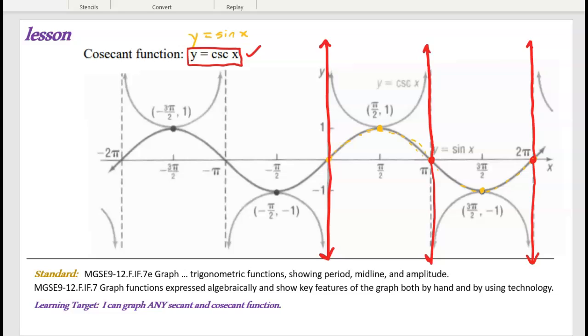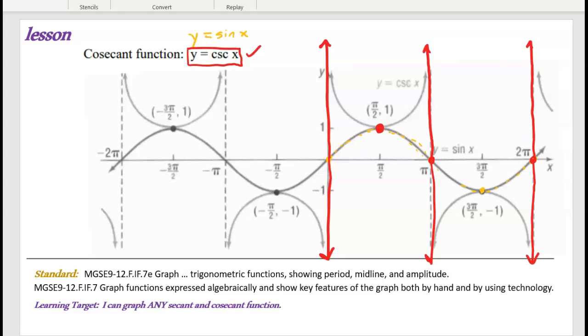Okay? And then it gets kind of interesting. If I plug pi over 2 into sine, I get 1. Well, what's the reciprocal of 1? It's just 1. So the beauty is, this point, the maximum value for sine, is actually always the minimum value for cosecant. They actually share this point in common.